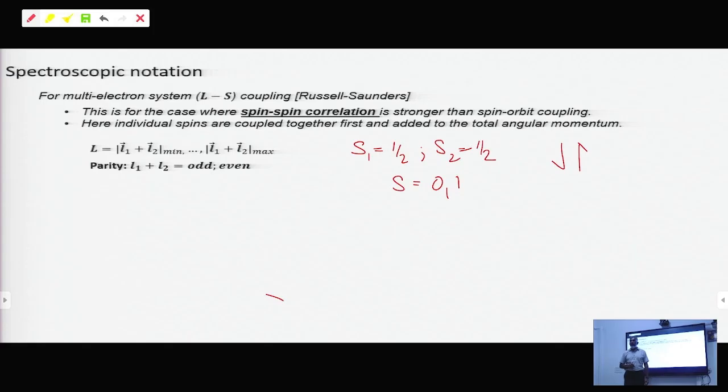If they have opposite spin, they are different in terms of orientation, so there is no problem between these two electrons. This is compared to the other case, where they have the same spin.